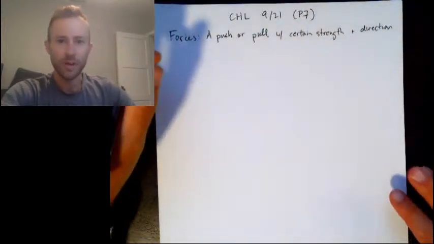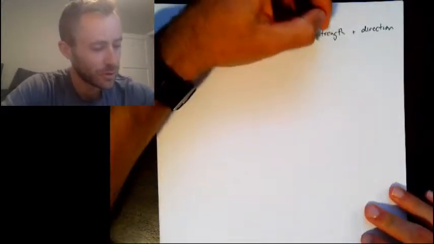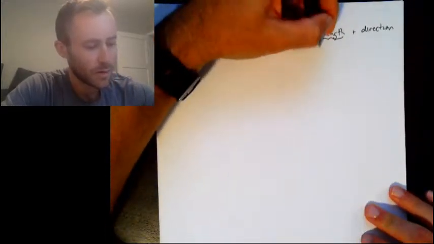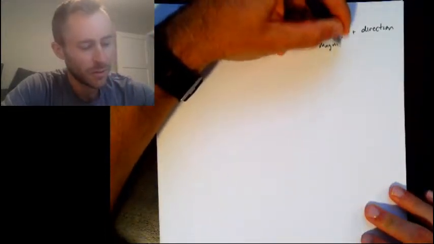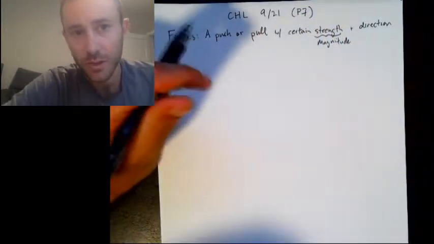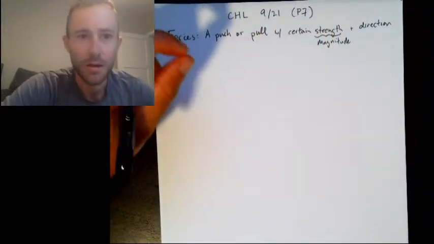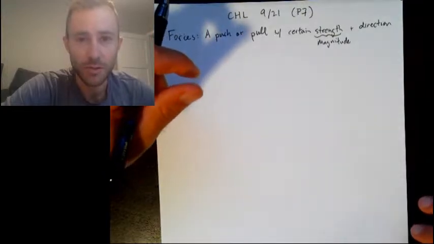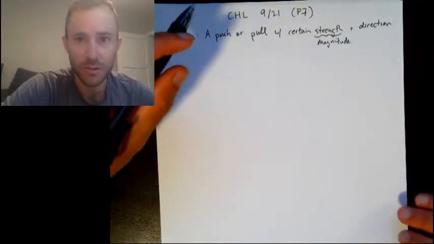Okay, so strength is another word for magnitude. So basically a force is a thing that has a magnitude and a direction. So it is a vector. Vectors are things with magnitudes and directions.